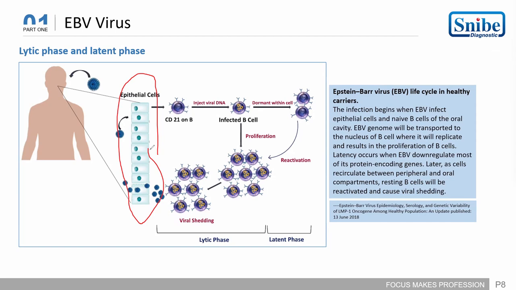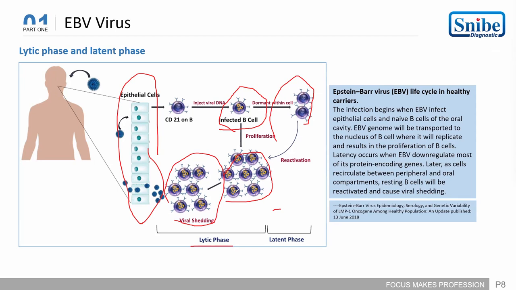The EBV genome is transported to the nucleus of the B cells, where it can replicate and result in the proliferation of the B cells. Then latency occurs, in which EBV down-regulates most of the protein-encoded genes. Then reactivation occurs and viral shedding occurs in the latent and lytic phases as well.